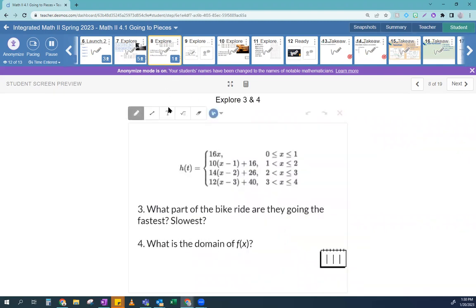So it says, what part of the bike ride are they going the fastest or the slowest? Can you guys answer this in the chat for me? Which part of the bike ride are they going the fastest?